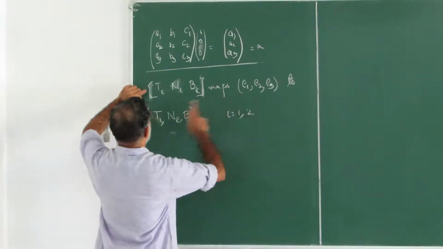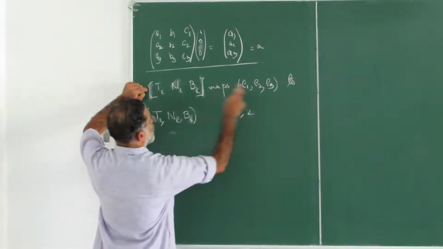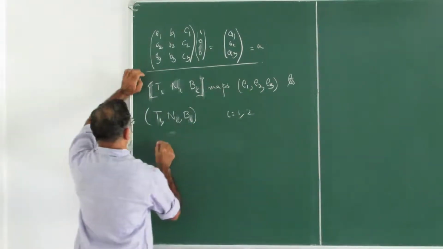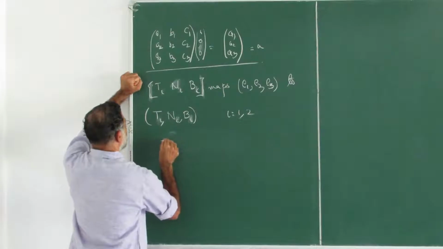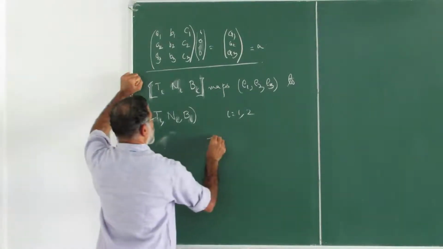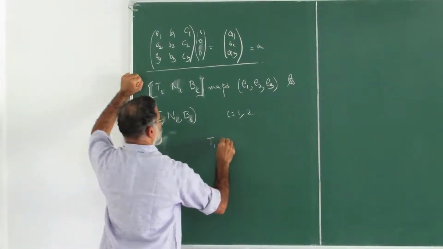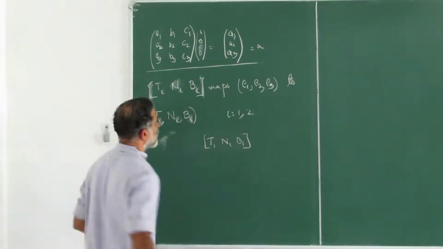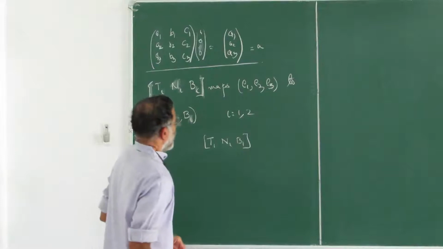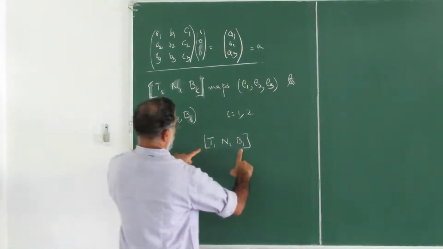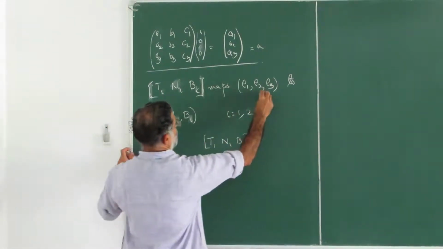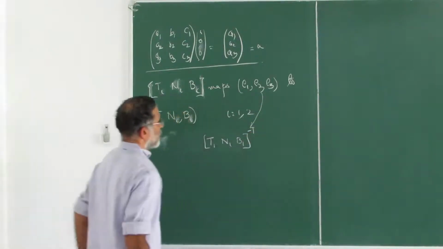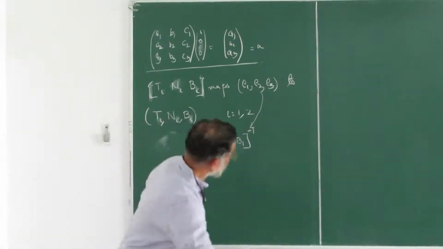So from T1 you have a map to this, or from T2, whichever you like. First apply T1, N1, B1. You first start from here, then go here.